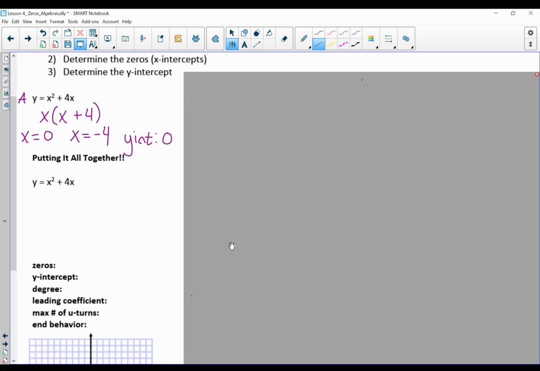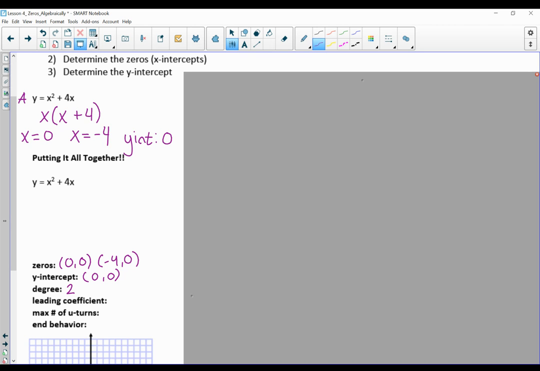So now it says putting it all together. So let's write my zeros. I have one at 0, 0, and another at -4, 0. I have my y-intercept at 0, 0. The degree, we just talked about the degree. The degree is 2. The leading coefficient is the number in front of the variable with the highest exponent.